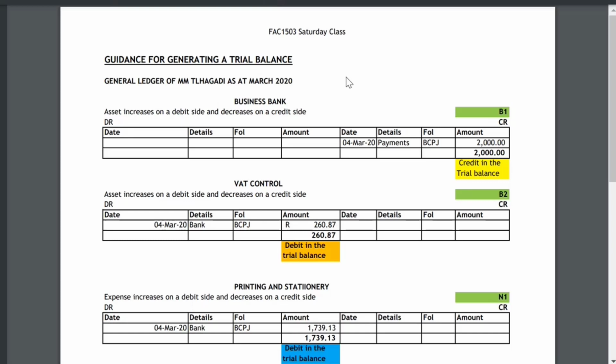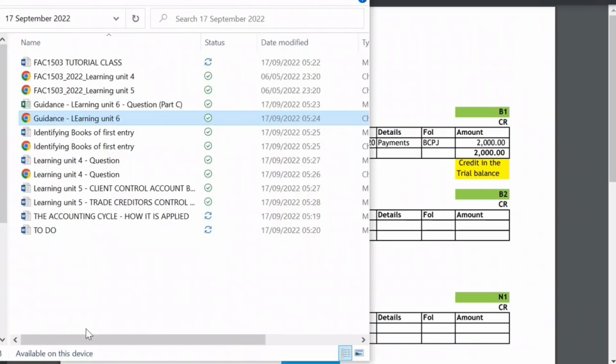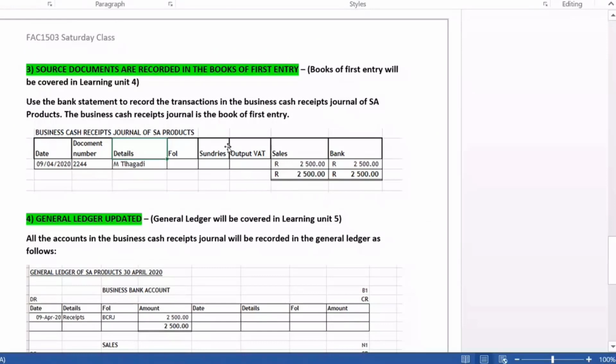Now, I want to guide you on how to generate a trial balance. Remember the accounting cycle: source documents are recorded in the books of first entry in number 3.